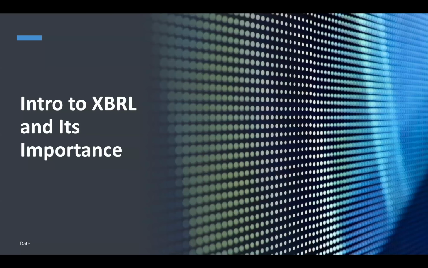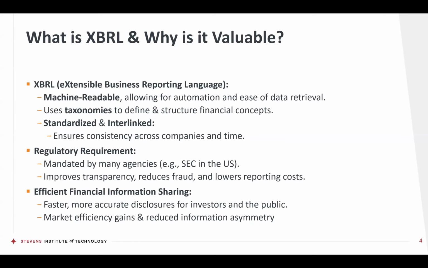Let's start with an overview of XBRL and why it's so crucial. XBRL stands for Extensible Business Reporting Language. It's machine-readable, so computers can efficiently extract, compare, and analyze data. Taxonomies define specific financial concepts like revenues or costs, ensuring standardization and consistency across companies and time periods.